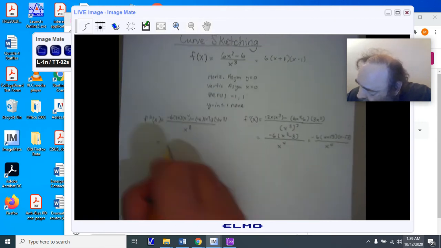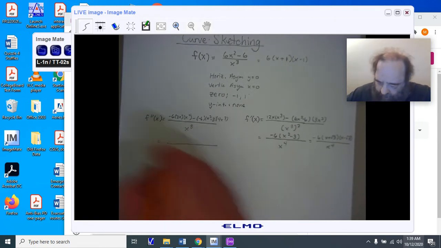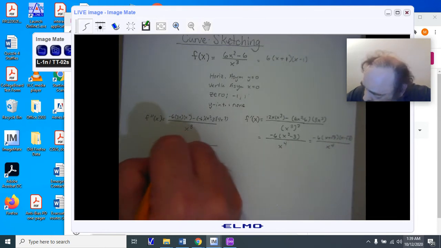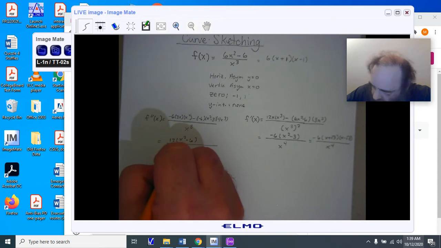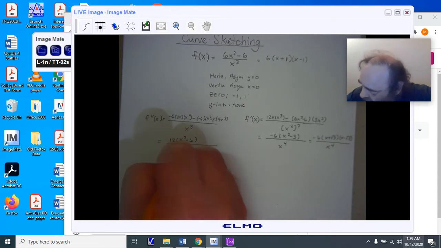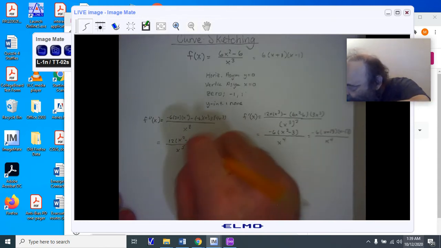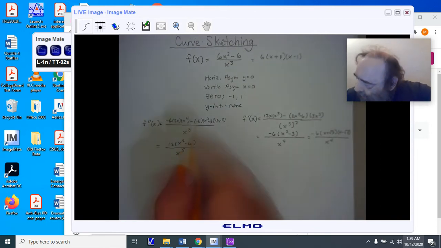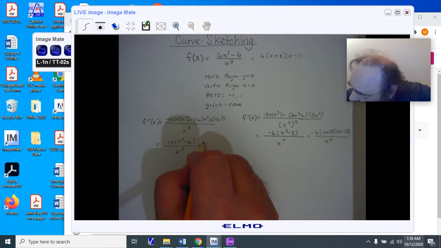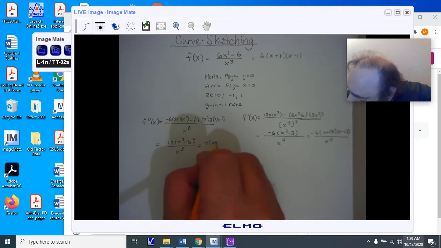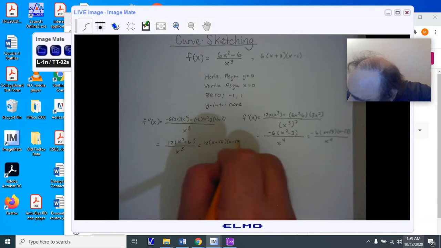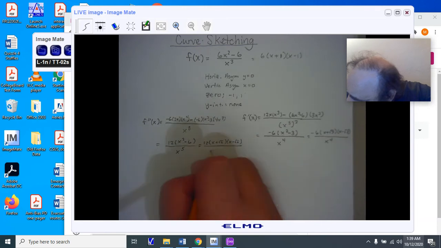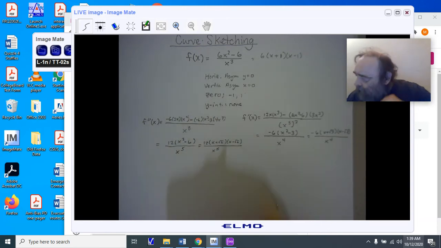And when I simplify this, I end up getting a very straightforward 12 times x squared minus 6 all over x to the 5th. Now, we can factor this, and when this gets factored, we have our 12 x plus root 6, x minus root 6 over x to the 5th.